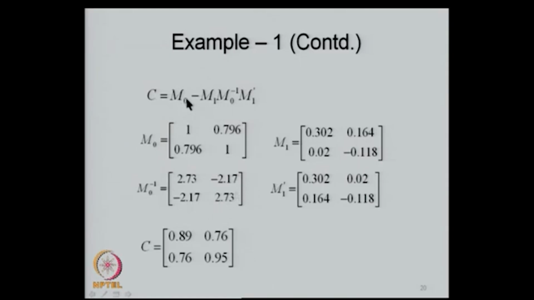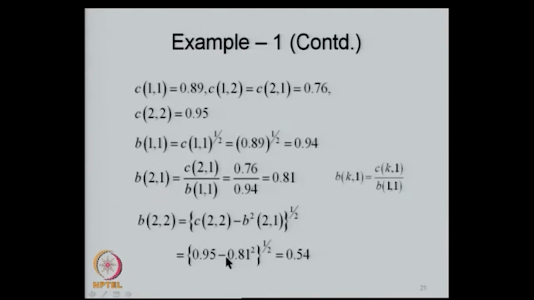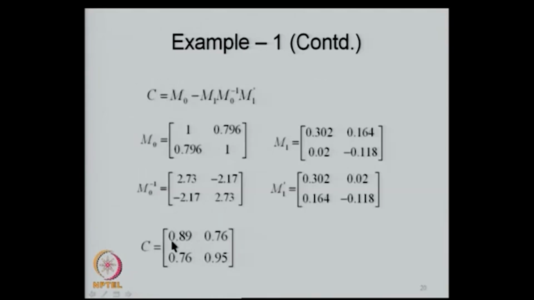So, M naught is given, M 1 is given, M naught inverse is obtained, M 1 prime is obtained, therefore, you obtain C. All of these are 2 by 2 matrices. So, you get C as 0.89, 0.76, 0.76, 0.95. Once you get C, that means you have the elements C 11, C 12 etcetera.